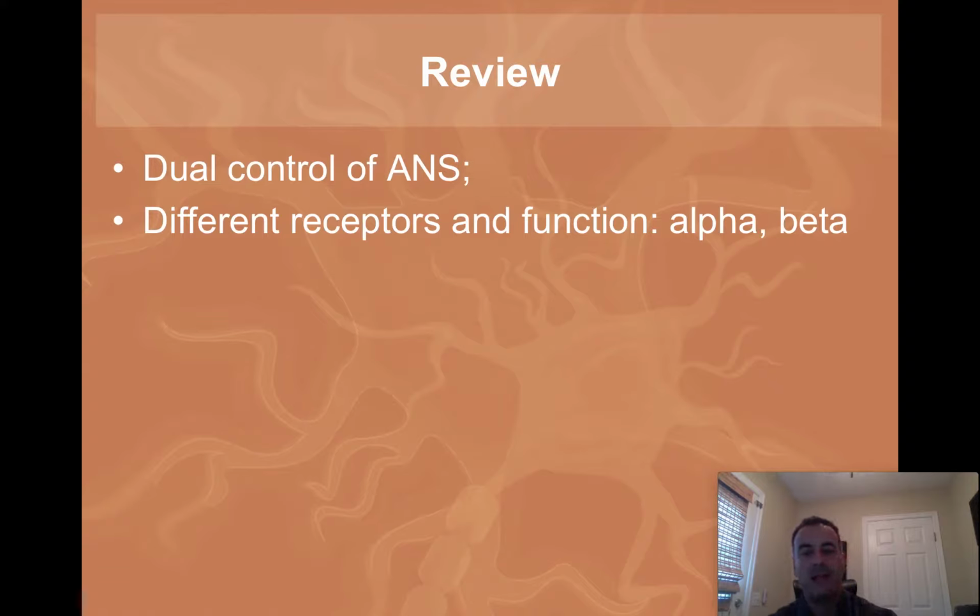So understand these different alpha and beta receptors as discussed in the chapters and what their functions are. You know, there's beta 1, beta 2, alpha 1, alpha 2, and just be familiar with those type of structures.